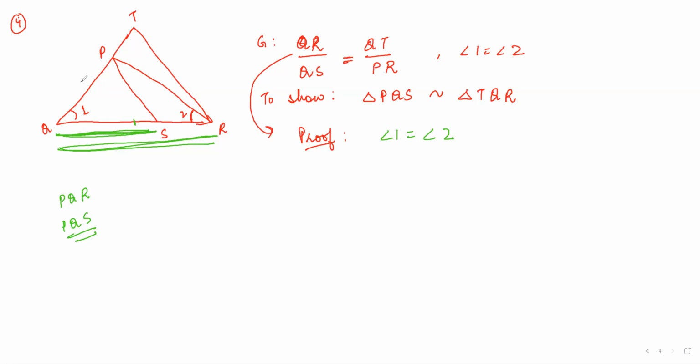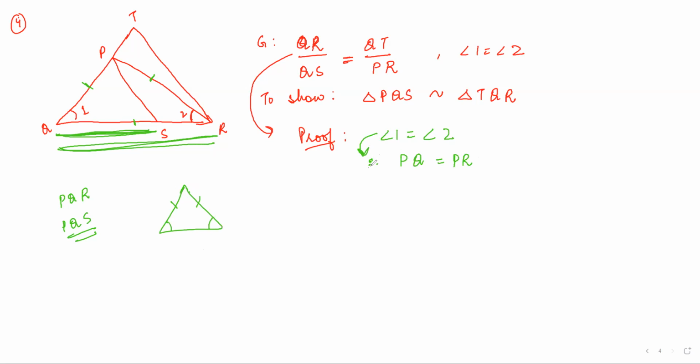So that means this side is equal to this side. Why? Because in triangle PQR, if two angles are equal, then the opposite sides are also equal. Yeah, that's the theorem. In previous ninth class you studied about it. So the sides opposite to equal angles are also equal.